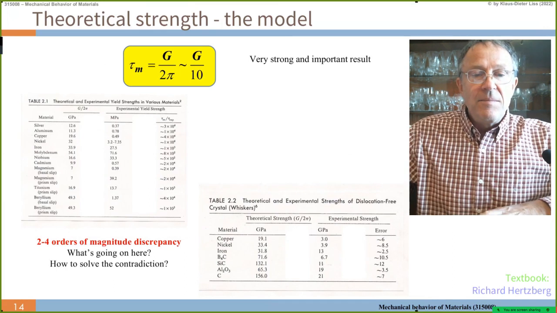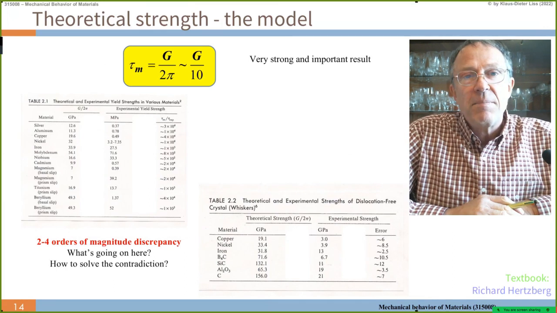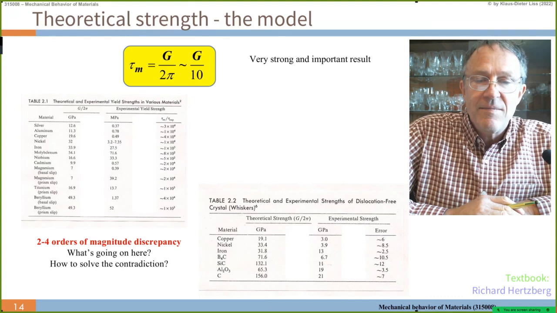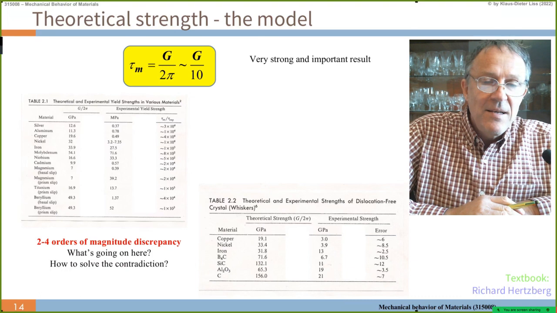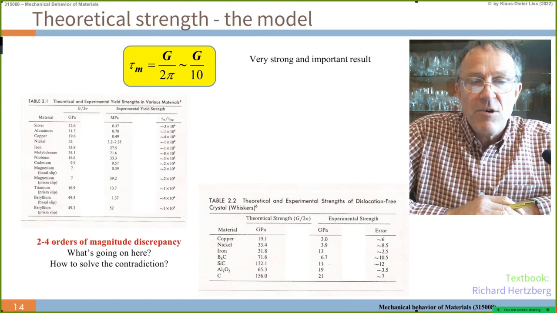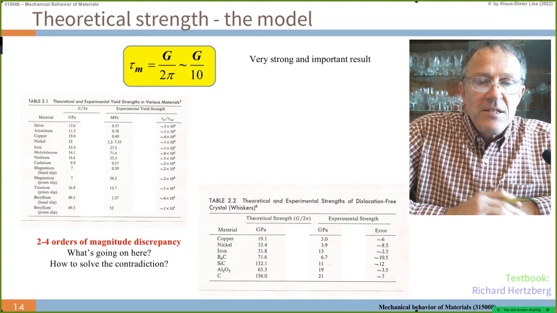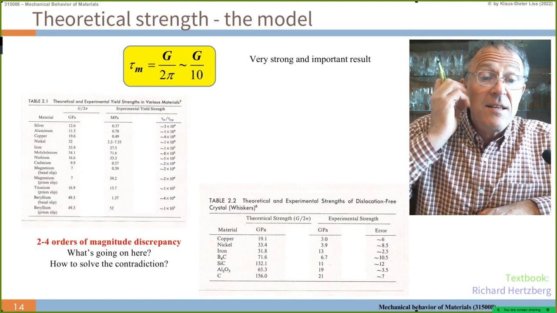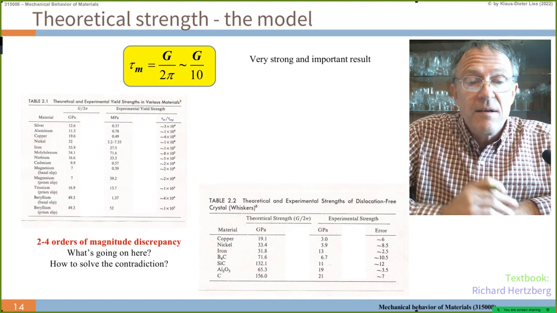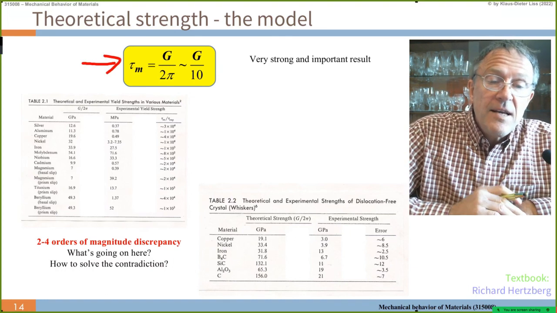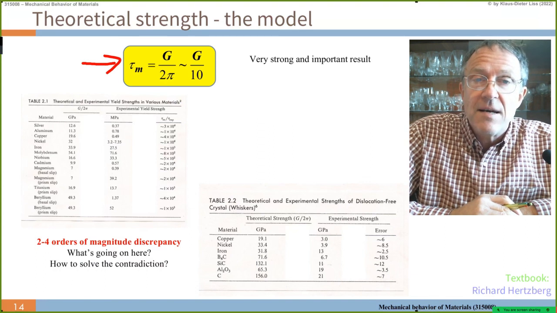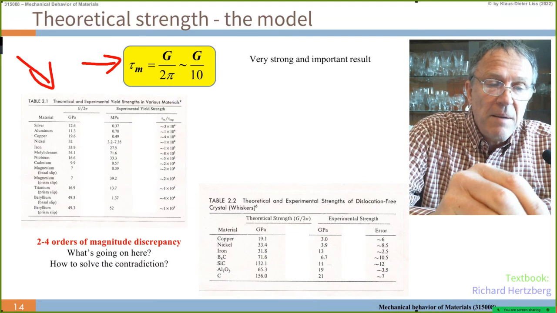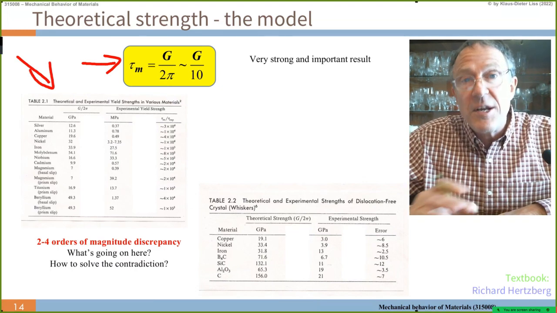Because we make this approximation, we can set 2 pi equals 10. 2 pi is 6.28, and so on. So this is approximately the order of magnitude of 10. So we can say, just for getting estimates, the estimated maximum shear stress is about G over 10, one tenth of G. And now let's look at experimental results, what people have measured in their lab.